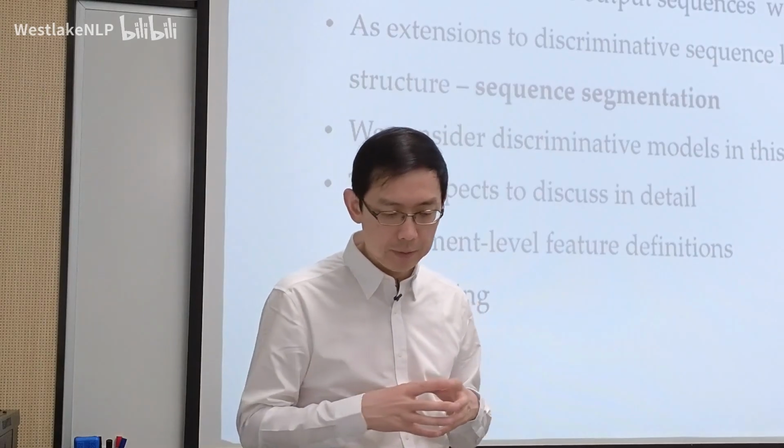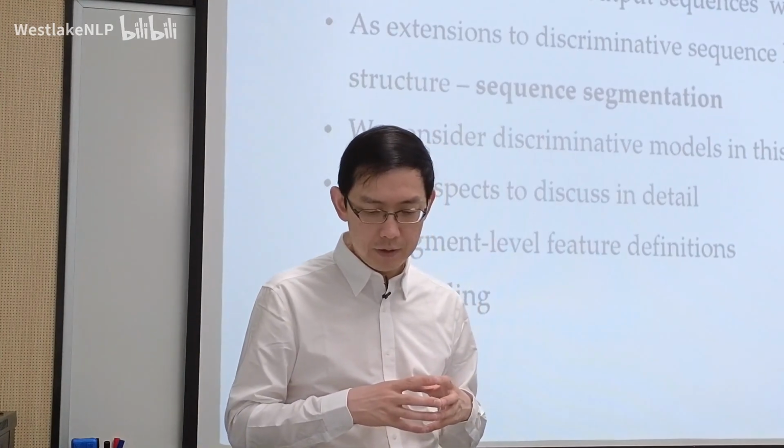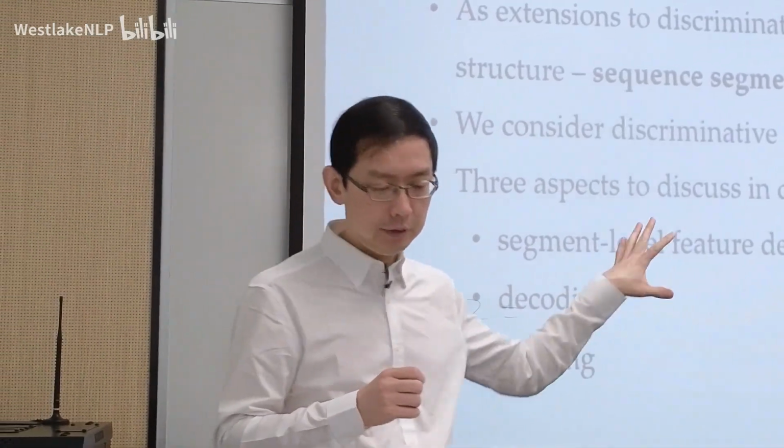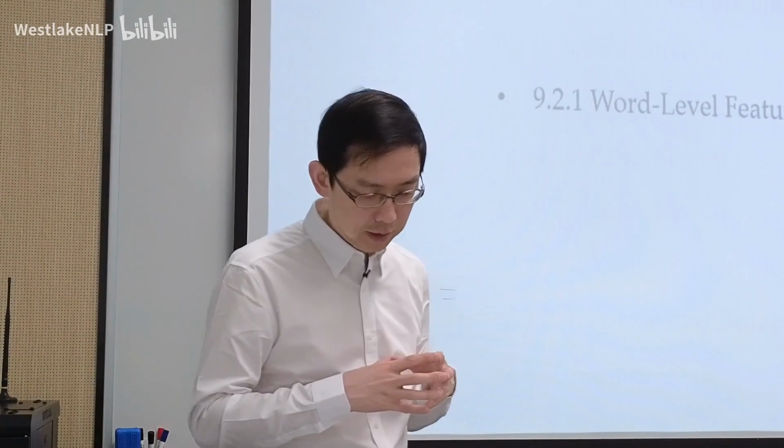So let's look at the problem one by one. First of all, let's redefine the features. We saw the features for sequence labeling. Now let's redefine the features and then we redefine the models, because our models are all parameterized by the vector space, so we need to define a vector space.